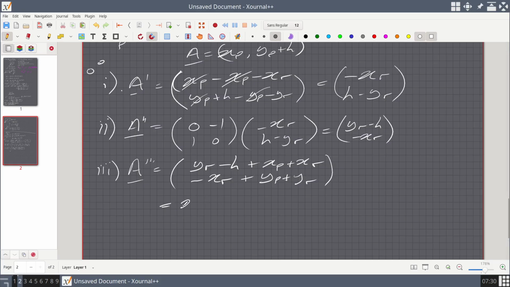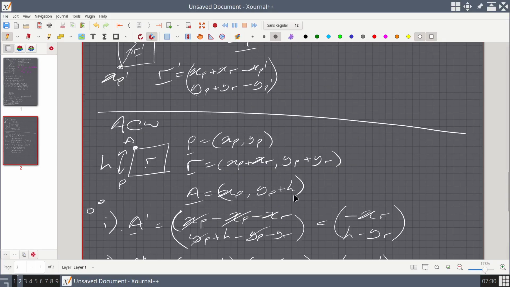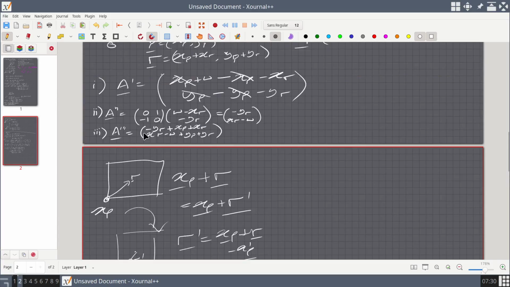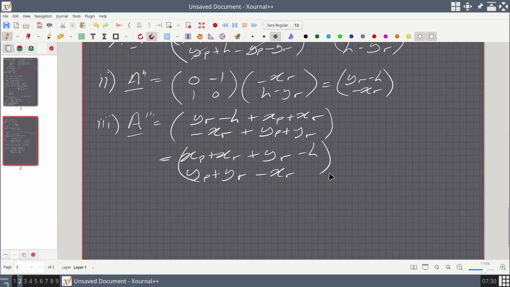I'm going to put xp plus xr first, plus yr minus h, and yp plus yr minus xr, which is broadly comparable to the other thing, but with the extra term on the opposite side, which makes sense, kind of feels right.